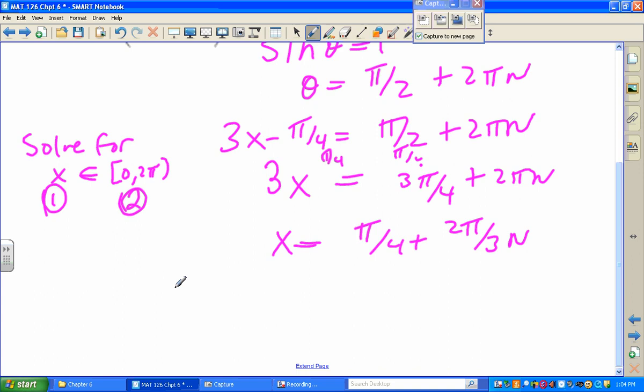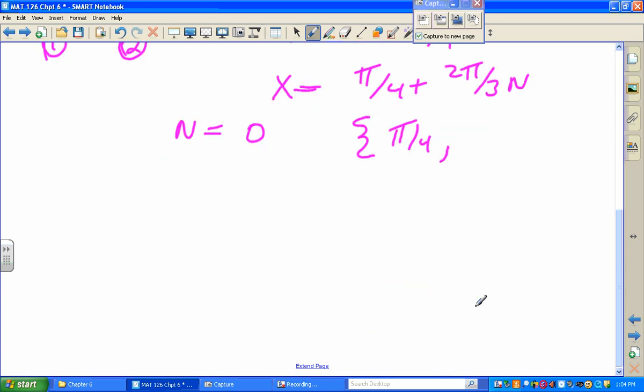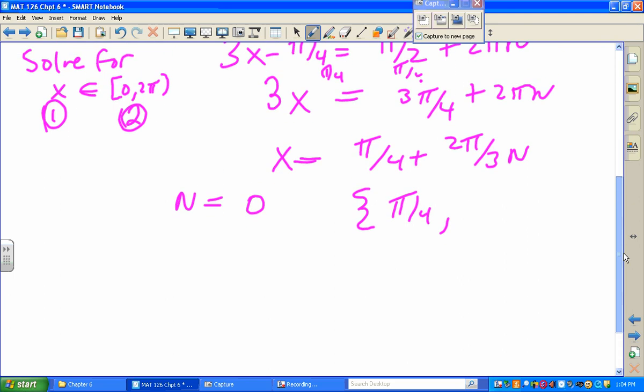So if I choose n to equal, remember n has to be what type of number? An integer. Integers are positive and negative whole numbers, and also 0, of course. If I let n equal 0, that means one of my solutions is going to be pi over 4. Okay? N equals 0 gives me that solution.